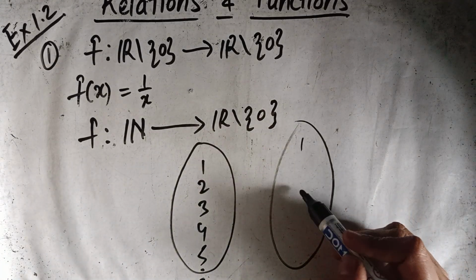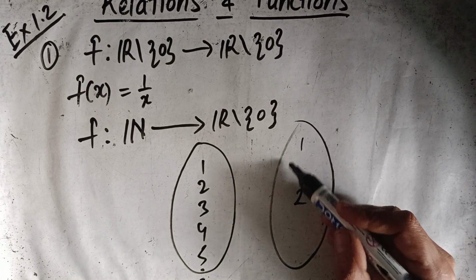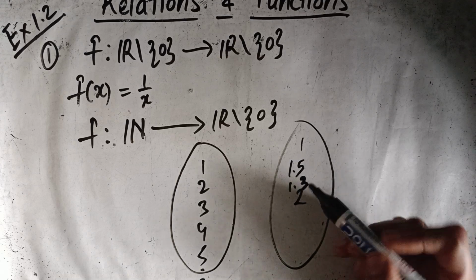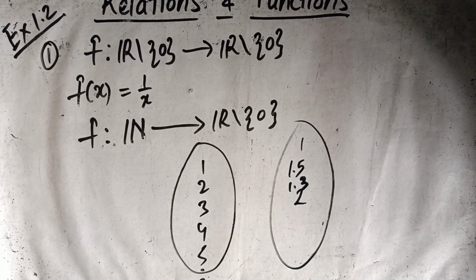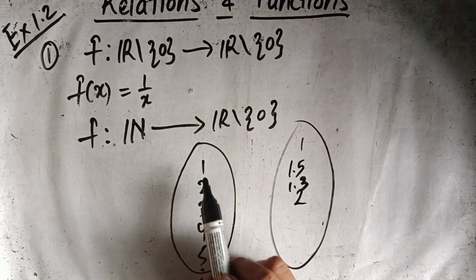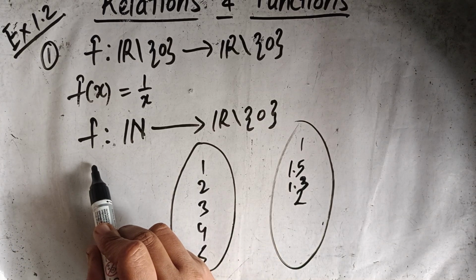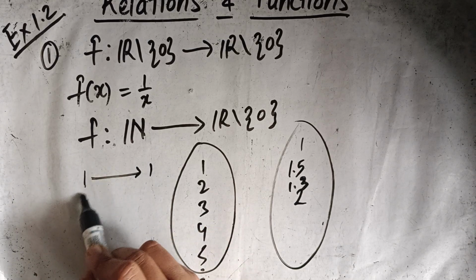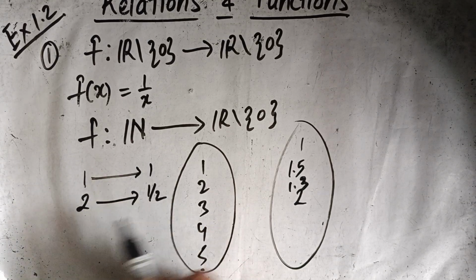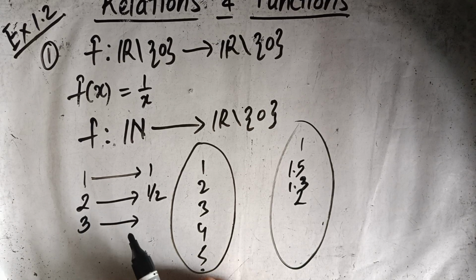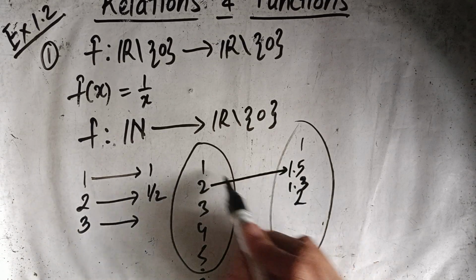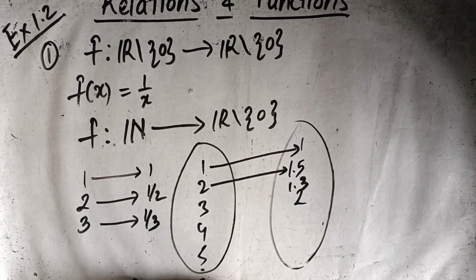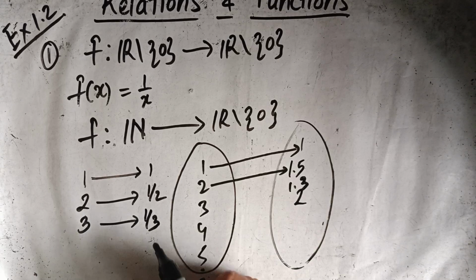Here in between 1 and 2 there will be some numbers like 1.5, 1.3. So these are not mapped, right? Because if I start from 1, 1 by 1 is 1, so 1 is going to 1. 2 is going to half, 3 is going to 1 by 3.